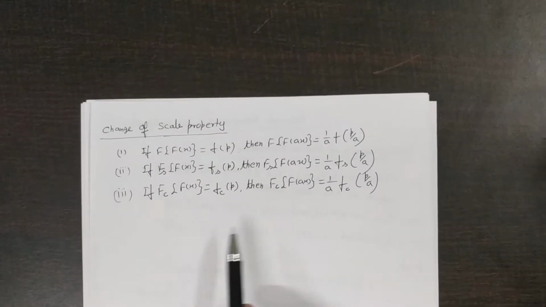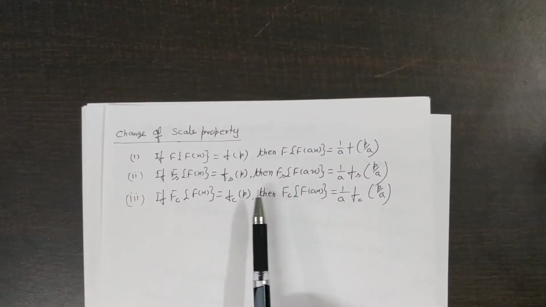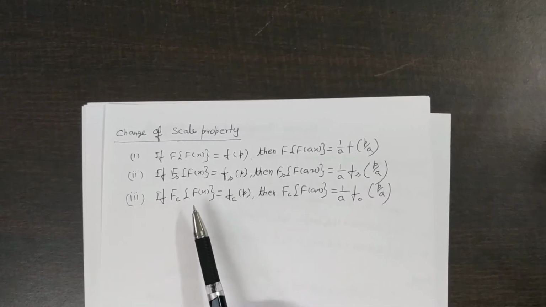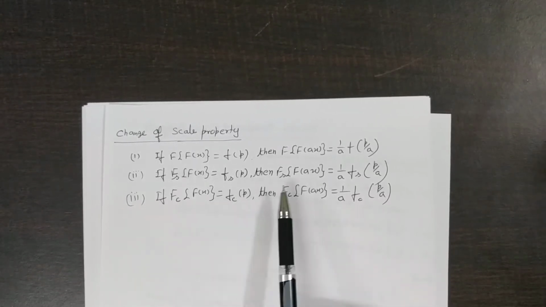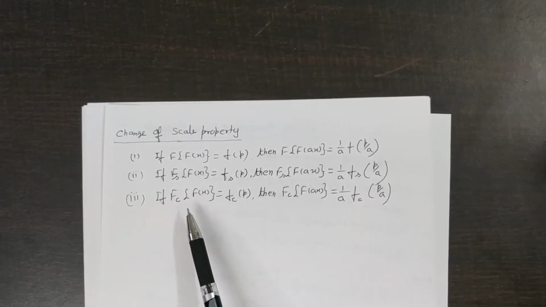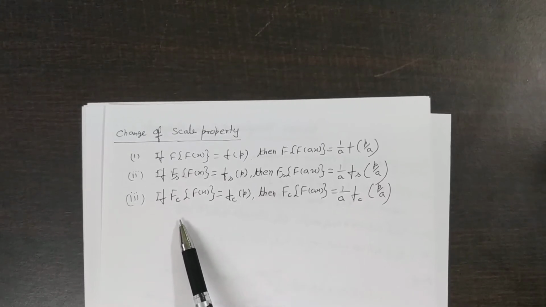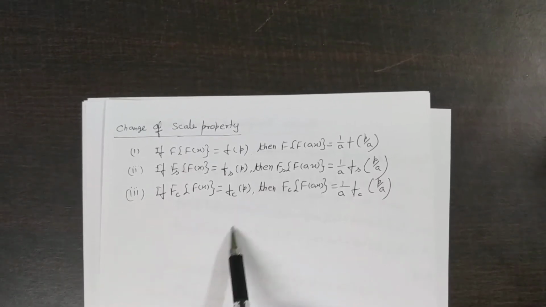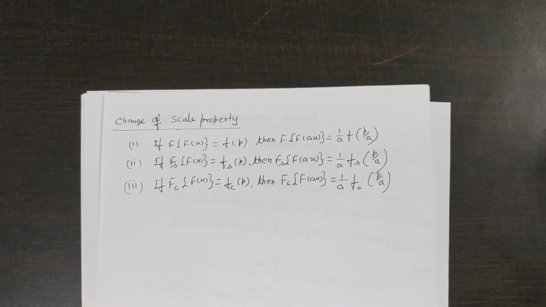This is the change of scale property for the Fourier transform, the Fourier sine transform and the Fourier cosine transform.